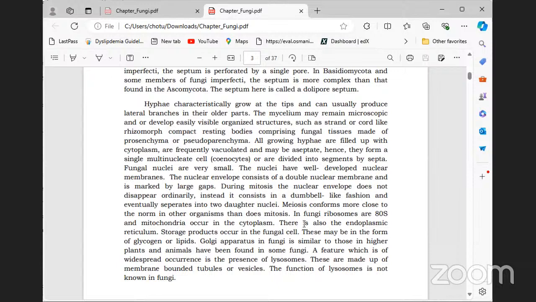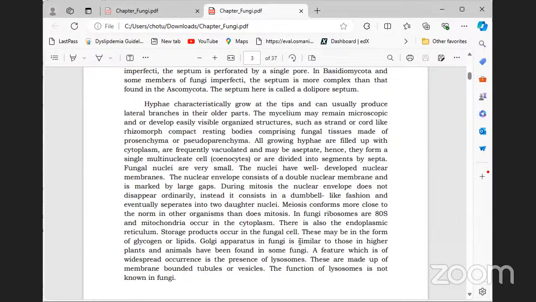Another very important point in fungi is the ribosomes. Here 80S type of ribosomes is present, and mitochondria occur in the cytoplasm. There is also the endoplasmic reticulum. Storage products occur in fungal cells, and each and every cell contains 80S type of ribosomes.